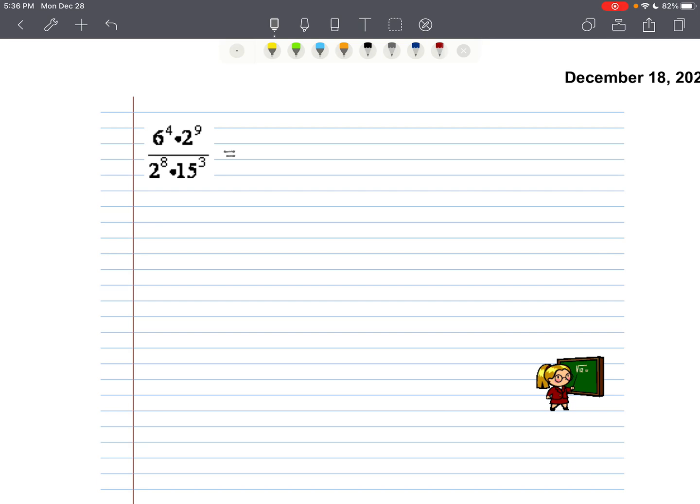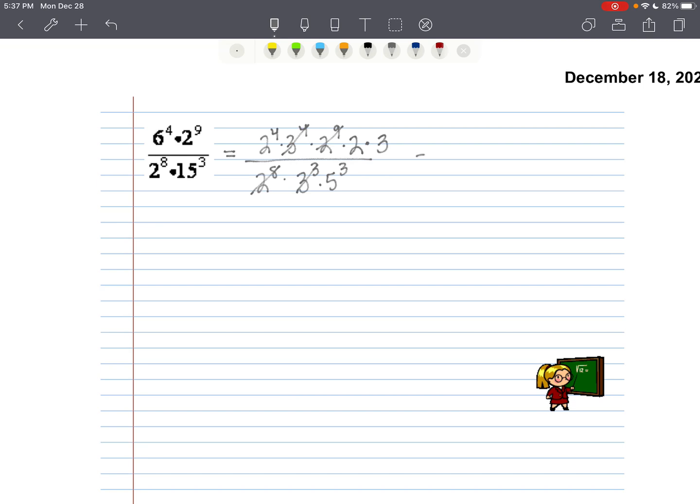Okay, here we go. 6 to the 4th, that's the same thing as 2 to the 4th times 3 to the 4th, times 2 to the 9th over 2 to the 8th. 15 to the 3rd is 3 to the 3rd times 5 to the 3rd. 2 to the 9th over 2 to the 8th is 2. 3 to the 4th over 3 cubed is 3.